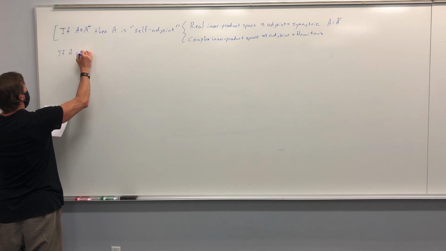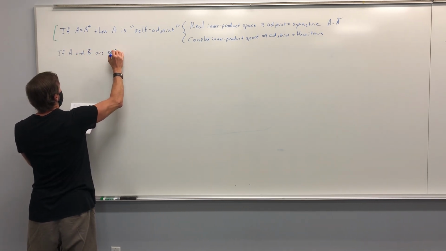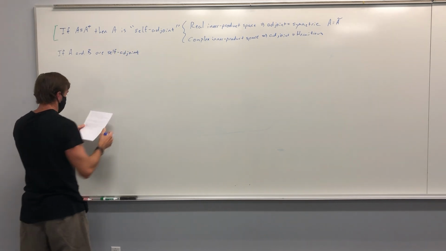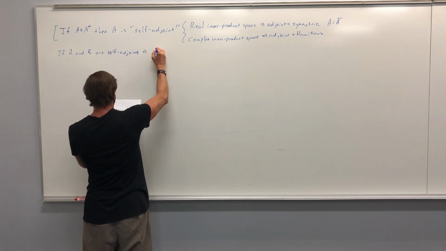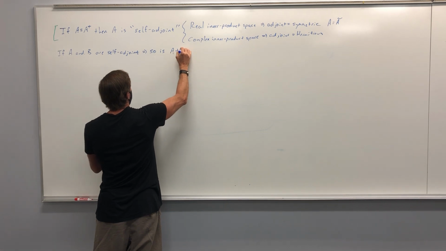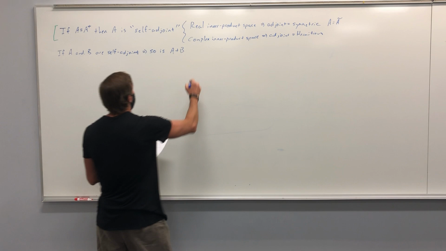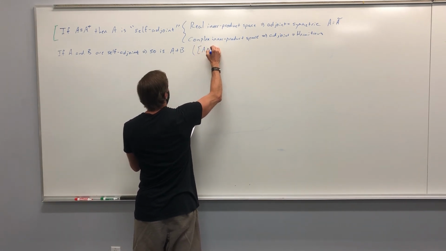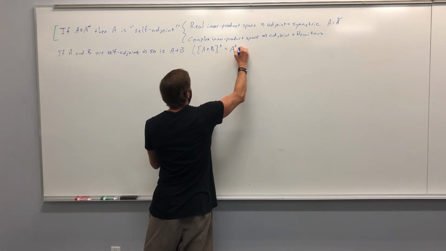If A and B are self-adjoint, so is A plus B. Obviously, to prove this, we can just take A plus B dagger, which is A dagger plus B dagger.